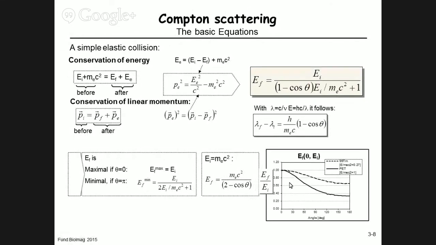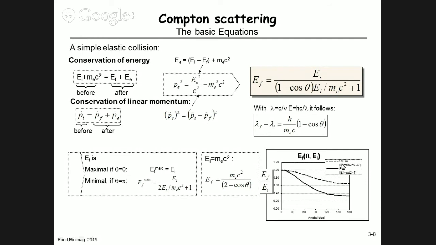Now, a particular characteristic of the Compton effect is that the change in photon energy, final energy related to initial energy, depends on the angle, but it also depends on the initial energy. So here we have the example of metastable technetium-99.